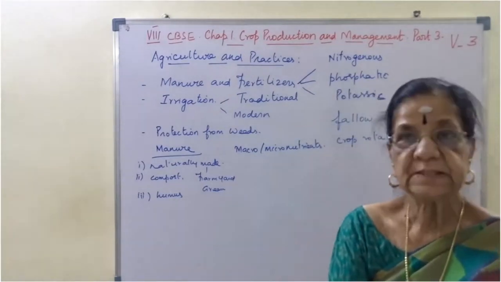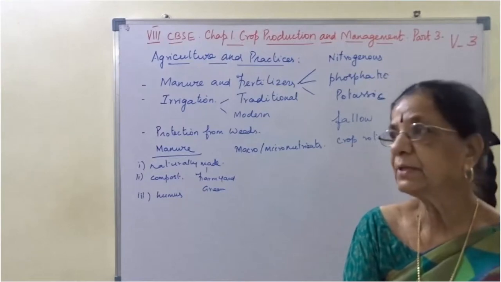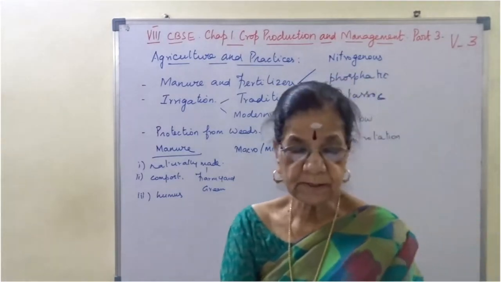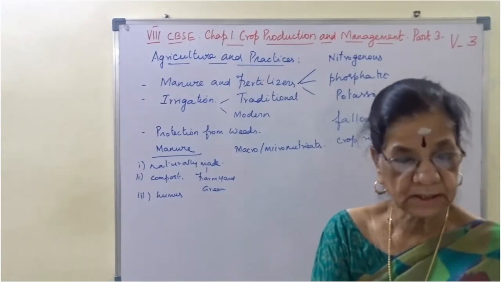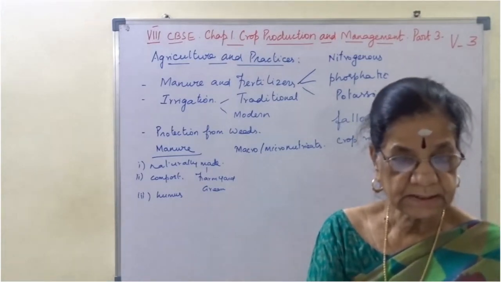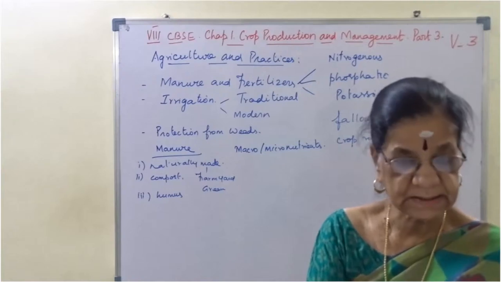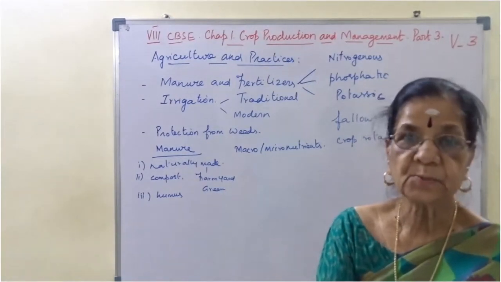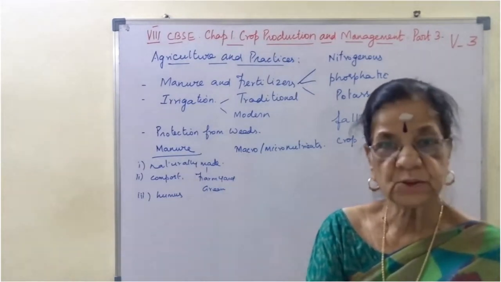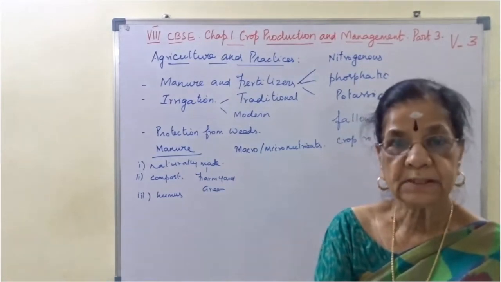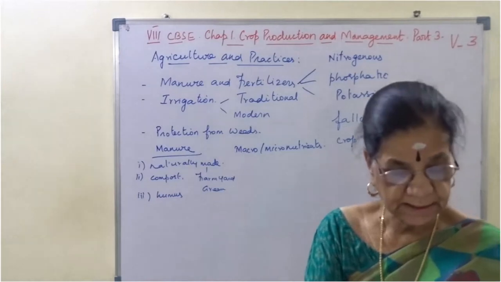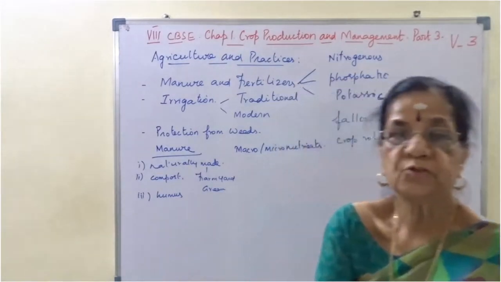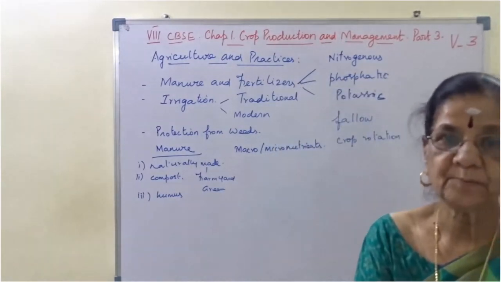Then the differences between fertilizer and manure. Fertilizer is an inorganic salt. Fertilizer is prepared in factories. Fertilizer does not provide any humus to the soil, and fertilizers are very rich in plant nutrients like nitrogen, phosphorus and potassium.